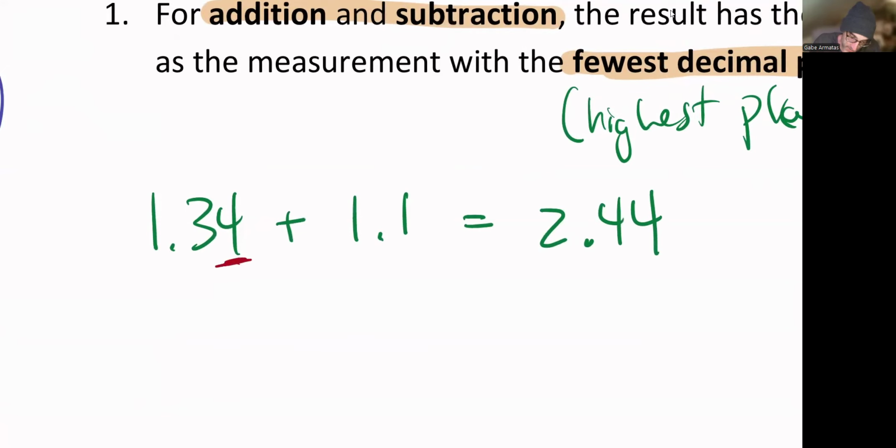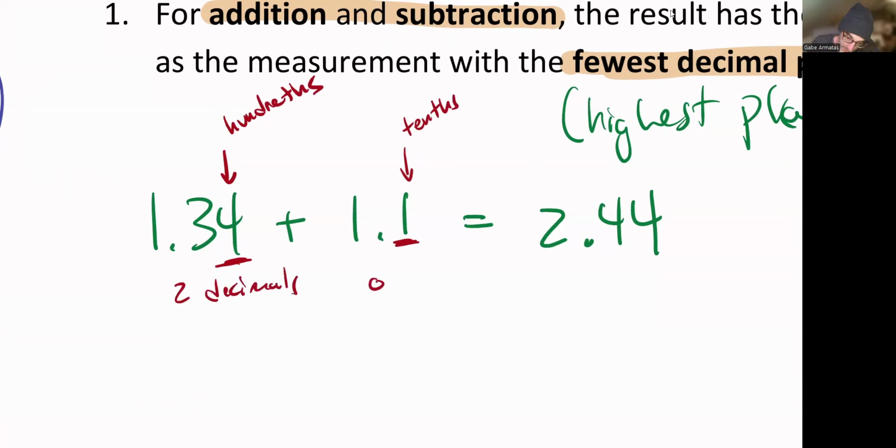So I'm going to look at just this one, the last place I see a significant figure, okay? And that one is in the hundredths place, okay? This is the last significant figure I see. This is in the tenths place. Or if you have a decimal, it's much easier. This one has two decimals. This has one decimal.